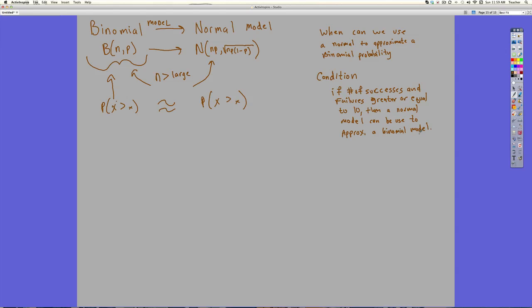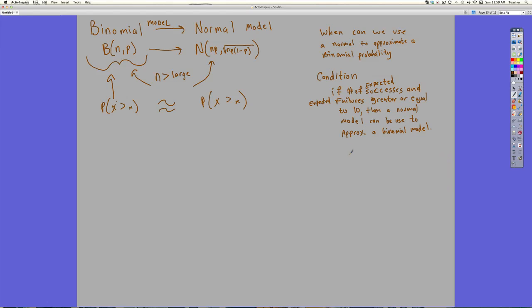Okay, so let me show you a case where it won't work. Here is what this looks like. What's the number of successes? I should say, the number of expected successes and expected failures. How many expected successes are we supposed to have?